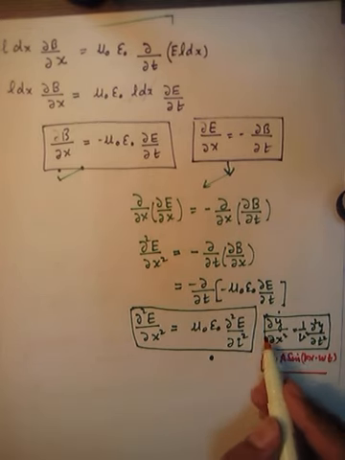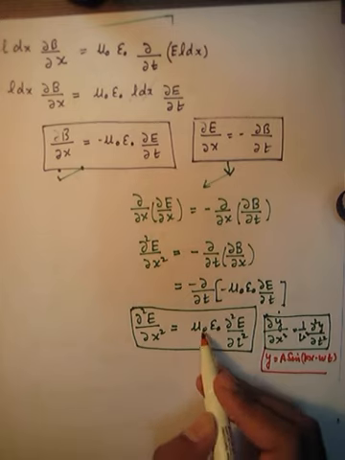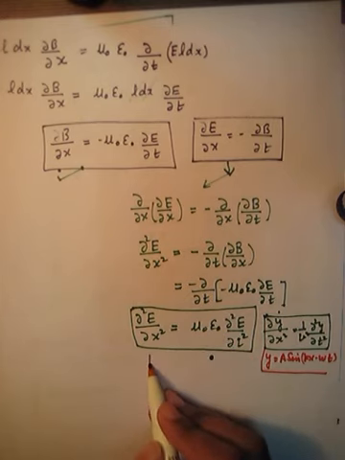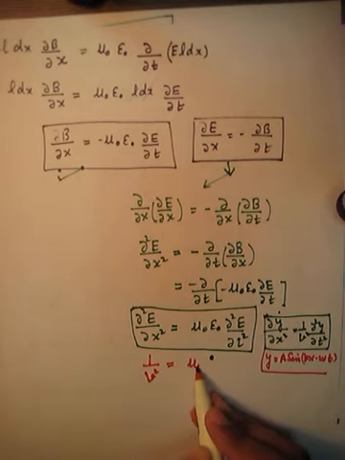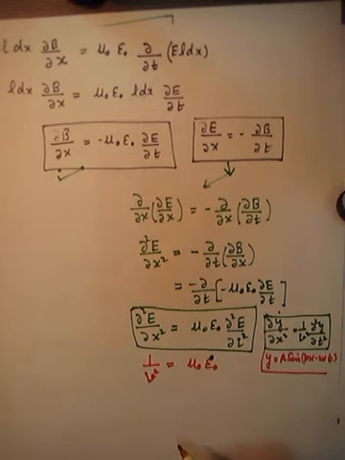Now when we compare these two equations, we find that for the electric field, 1 upon v squared will be equal to mu naught epsilon naught.